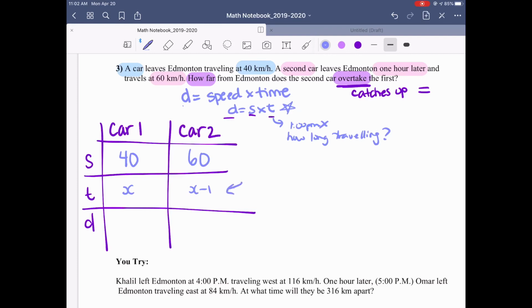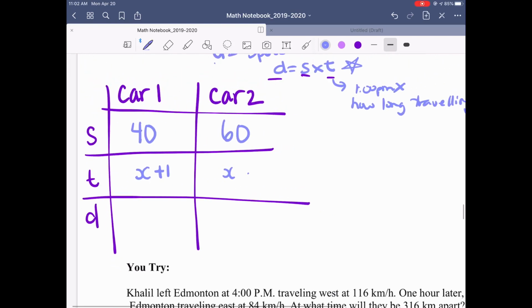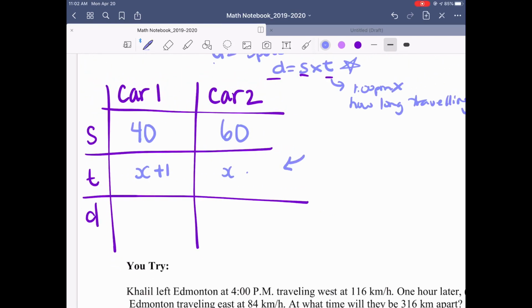That's what this means. So the other way you can do it, which is my preferred way, is that since car 1 left an hour before, I'm going to make it X plus 1, and car 2 is just going to be X. That way I don't really deal with negatives here. So remember that with time, guys, it's not the time on the clock, it's how long the travel is.